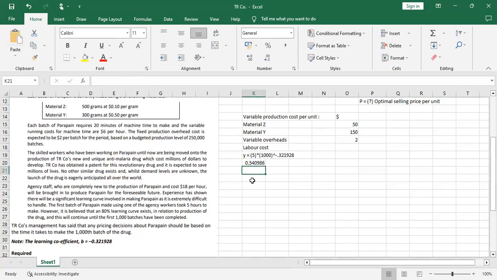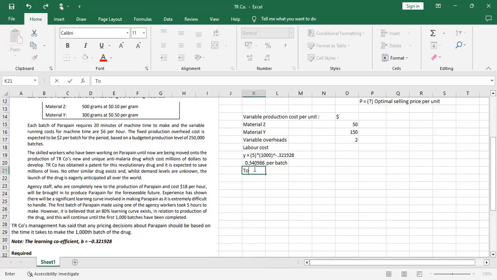So your average hours at 1000 units are what? 0.540 per unit. This is average hour per batch, because the learning curve will discontinue at the level of the 1000th batch. Any question related to this value?